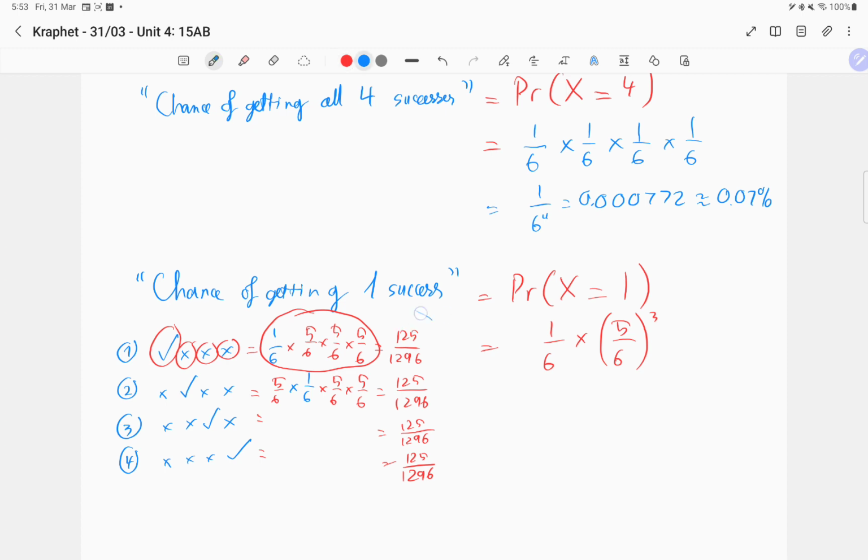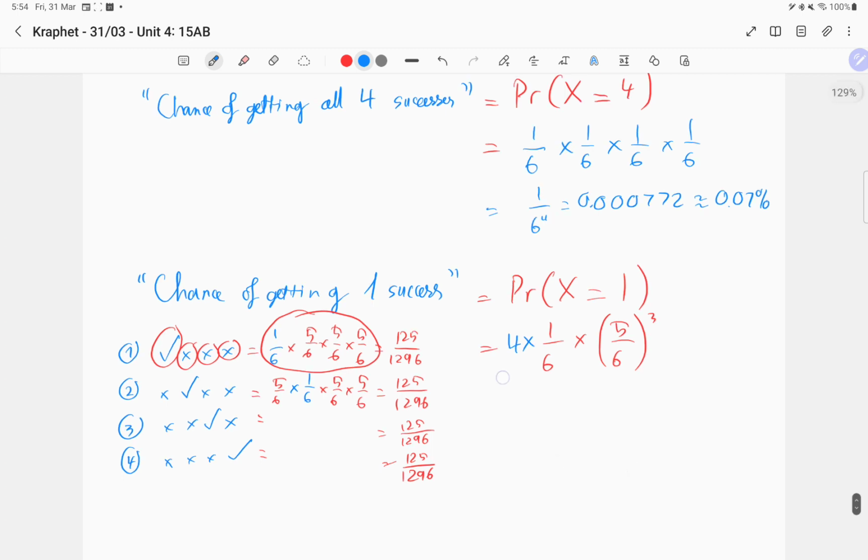Yeah, but there are 4 ways that you can win, so you have to account for that by multiplying that probability by how many ways there are for you to get this scenario where you have exactly one success out of 4. Make sense? So 4 represents 4 ways, and then this is the probability of the event happening just once. Does it make sense?